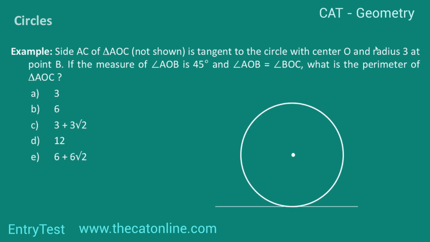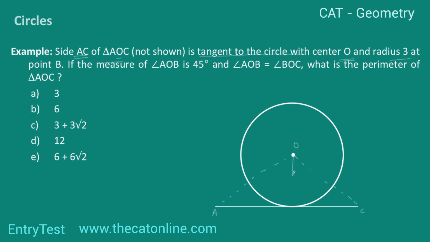So what I have is side AC of triangle AOC. Let me take this side as AC, tangent to the circle with center O. So what I have is AOC. I'm just drawing that. This is the triangle. The side AC of triangle AOC is tangent to the circle with center O and radius 3.